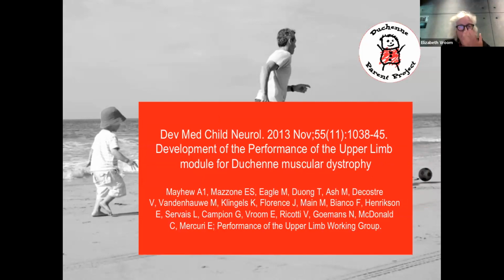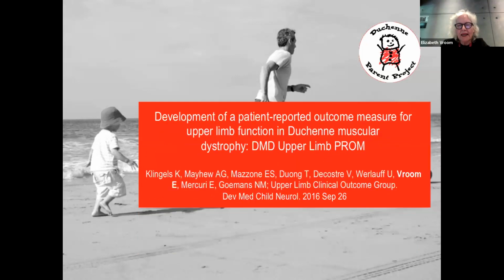So we published this. This is about the functional upper limb module for Duchenne. And you see that's 10 years ago. So then I think when you look at the publication on the development of the PROM, that is then 7 years ago. And I fully agree with what Dagmar said. It takes a lot of time to develop a PROM.